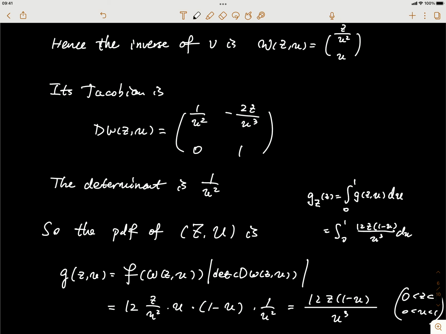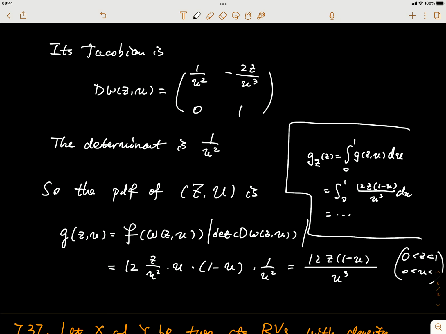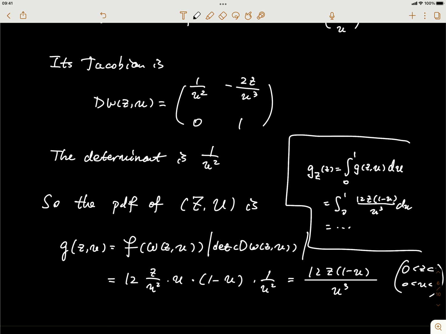Now Z is treated as a constant. You can pull it out and just integrate the others. I didn't do that computation here, but it's a simple integration, and you get the answer. So that is the marginal PDF of Z. Z has to be between 0 and 1. Outside of this interval, g sub Z is just equal to 0.